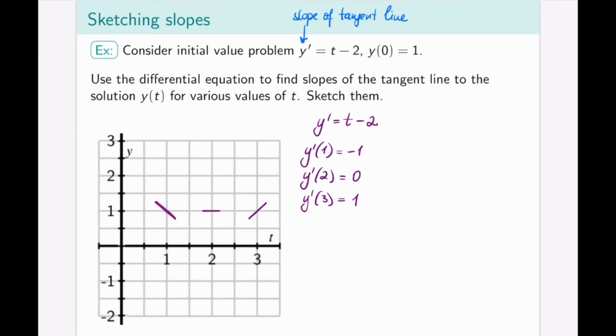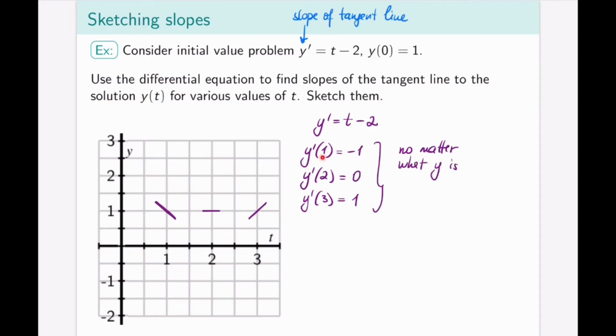Now the thing to notice here is that in none of these calculations did the value of y itself ever matter. So these are going to be true no matter what y value is. And this is what allows me to extend this up a little bit.